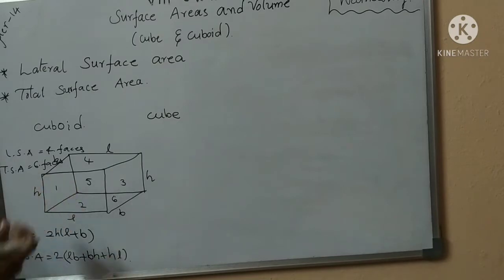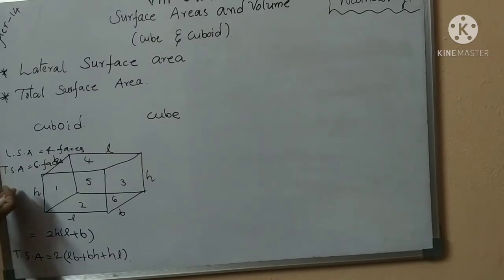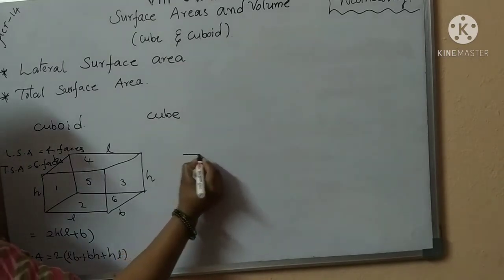Next, the cube. We know a cube is a 3D figure. A 2D shape is a square or a rectangle. In a cube, all sides are equal.